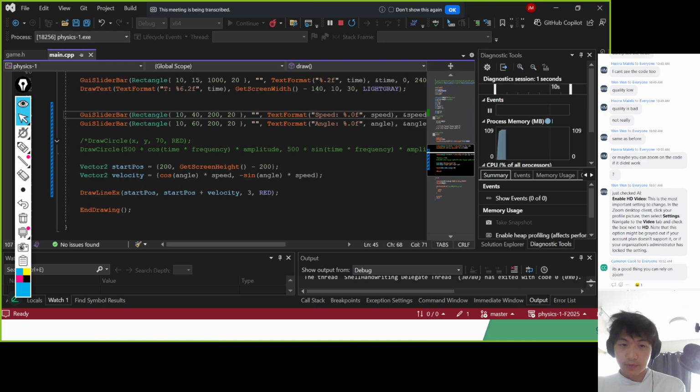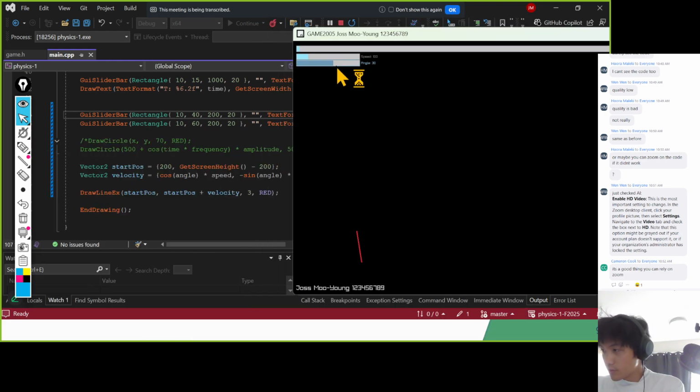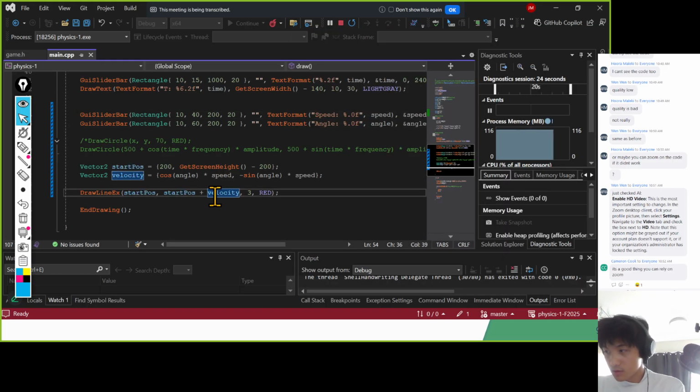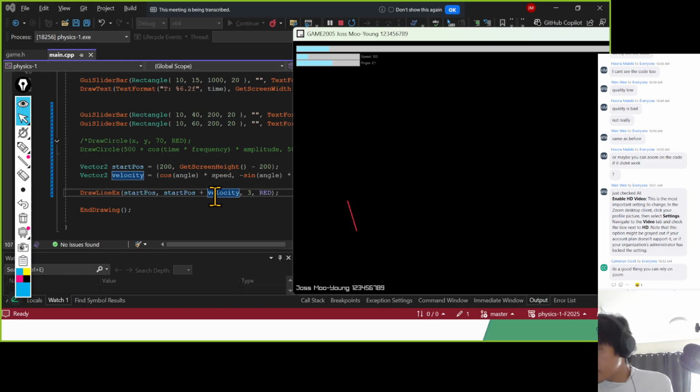Let's run it again with labels on these. So what's going on? Ideas, anyone? Any ideas? Coordinates? Am I adjusting the angle? Yes, I am adjusting the angle.